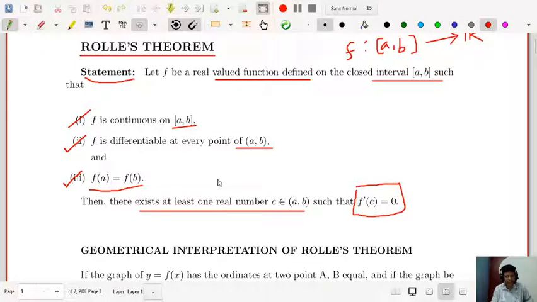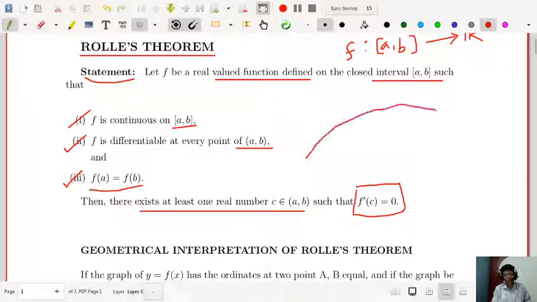Now I will explain, and also give you the geometrical interpretation of Rolle's theorem. The first point is that f is continuous on the closed interval [a,b], but in differentiability we are using the open interval (a,b). What is the meaning of that? It means that the function is differentiable at every point between a and b except a and b.